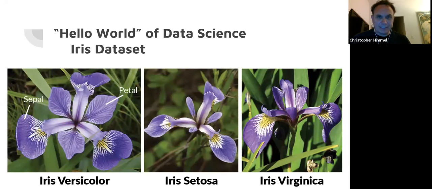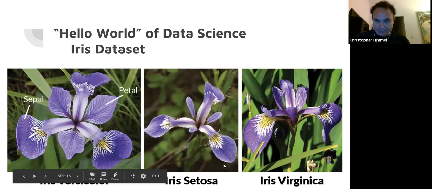The introduction is this iris data set, which is measurements of 150 flowers. Each of these flowers is one type of iris. There are three kinds: versicolor, setosa, and virginica.